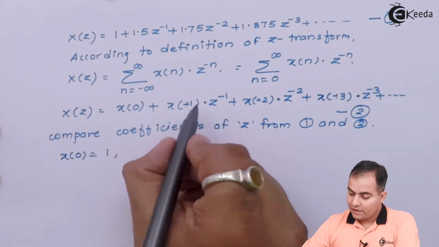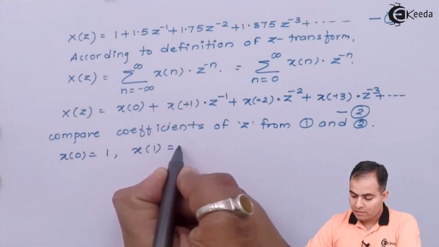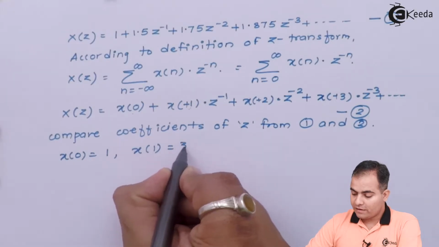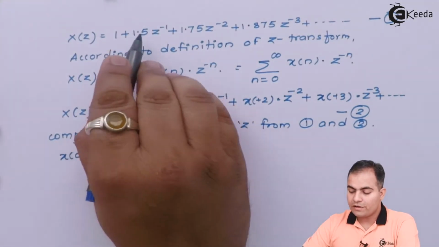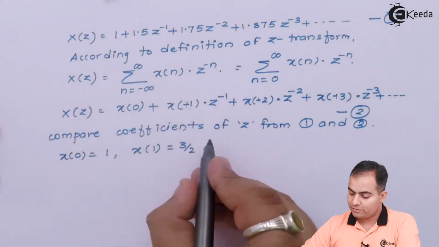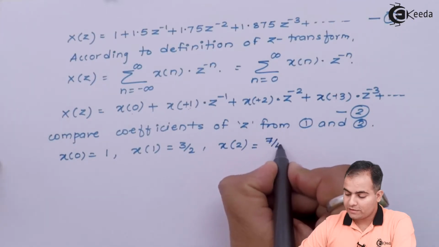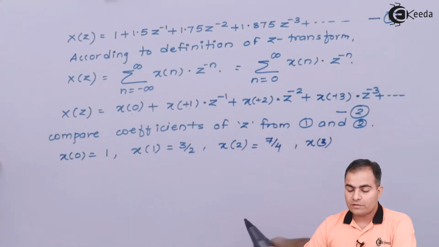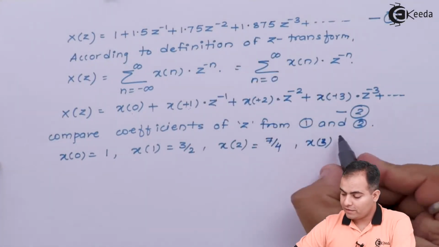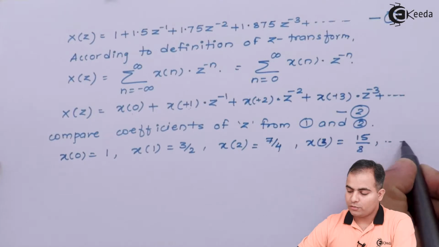Next, x of 1 value is 1.5, which we can also write as 3 by 2. If you want, you can write these values as fractions also. Now x of 2 is 1.75, which we can represent by 7 by 4. Next is x of 3, 1.875, which can be represented by 15 by 8, and so on.